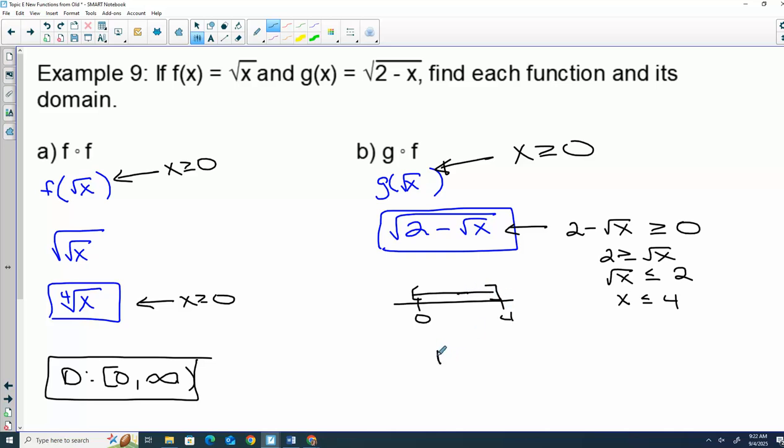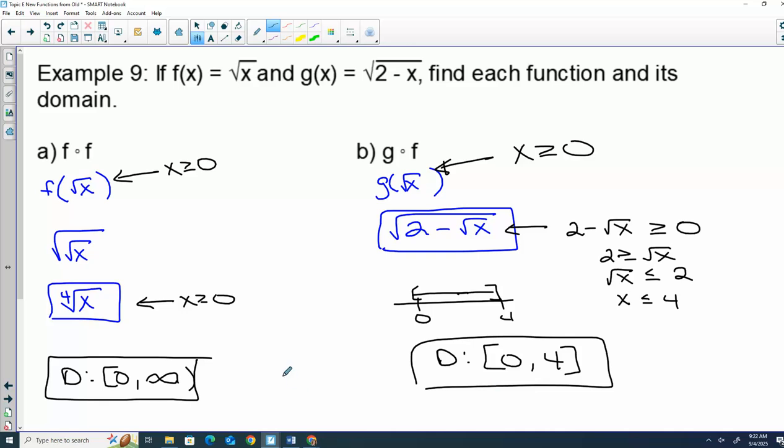So my overall domain would be every number between 0 and 4. Any questions on this?